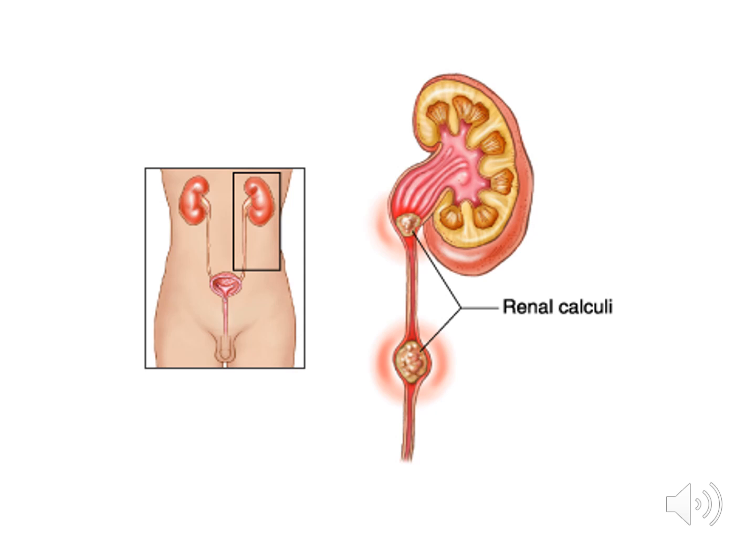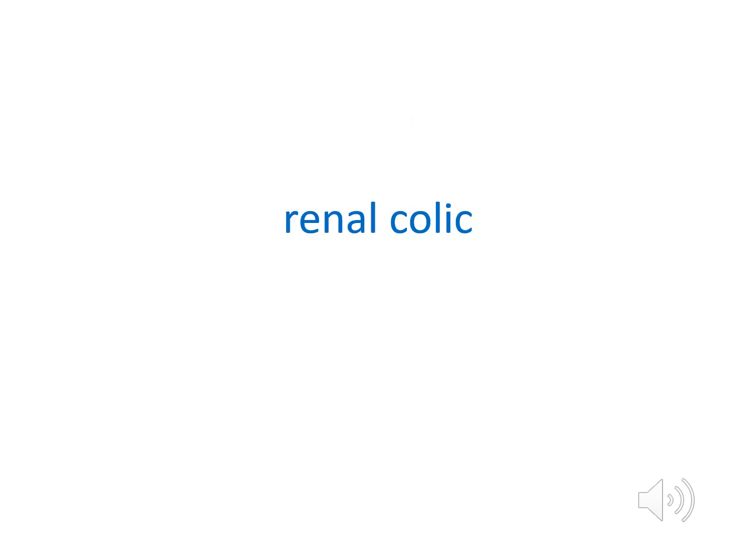The other thing that triggers the pain is when the stone gets stuck in the ureter like that. The ureter generates these peristaltic waves to try and move the stone through. And those peristaltic waves create a crampy, spasmodic type of pain that we call renal colic.